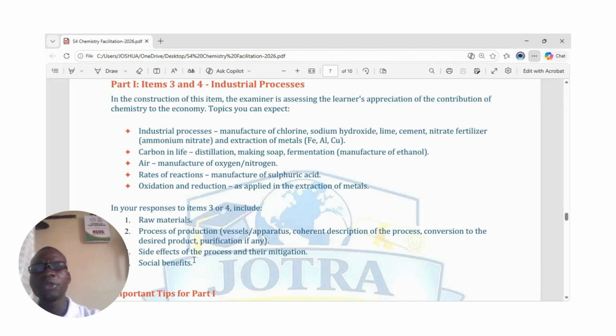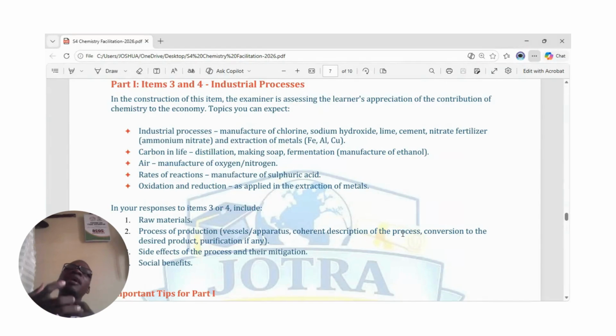Your responses to items 3 or 4 must have all those. First of all, the raw materials. Second, the process of production. If you lack one of these, then you are going to lose some marks. Under the process of production, we have the vessels or apparatus, and the coherent description of the process.